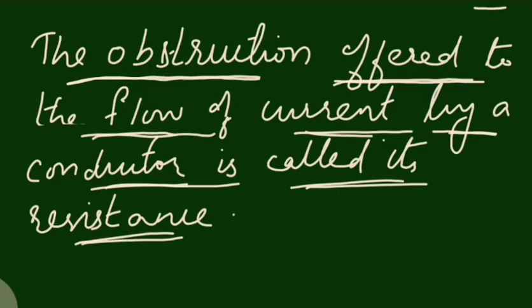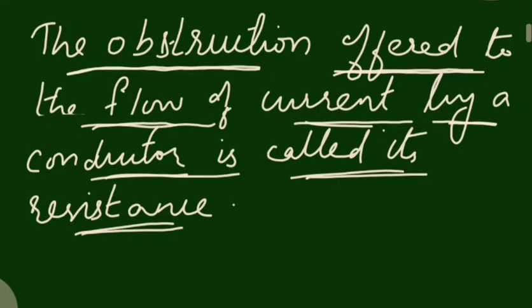Now let us see why this resistance is there, or what is the cause of resistance. For that, let us take a conductor, maybe a metallic wire. Since we are considering metallic conduction here, the conduction is due to electrons. The flow of electrons will give rise to the current.